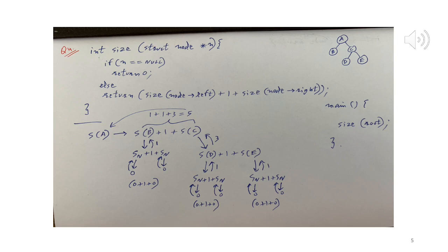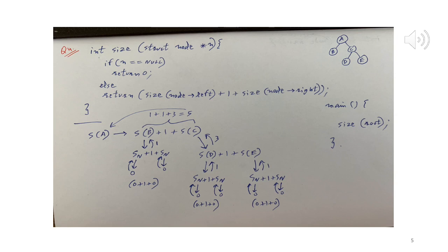So n will eventually be null when you are looking at leaf nodes. When we look at B, or D, or E, we'll have null in the next call. We'll soon see how.